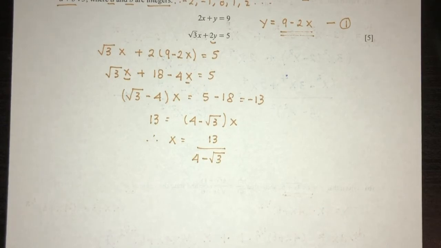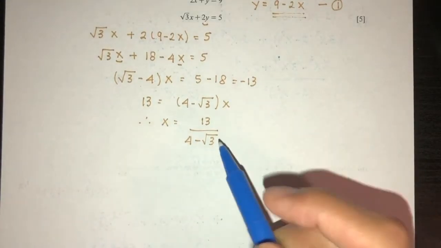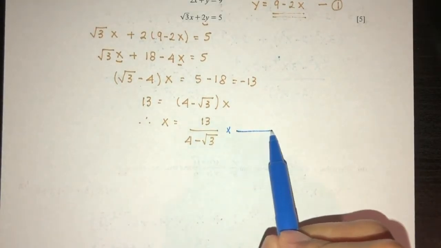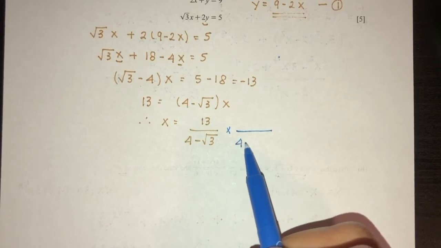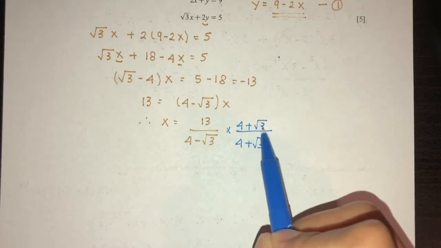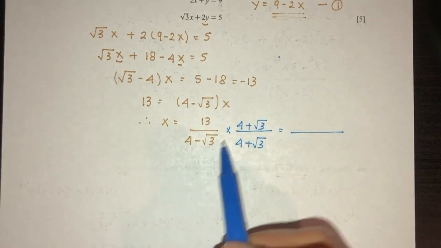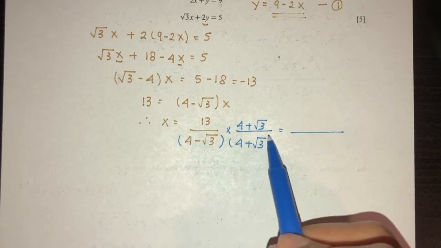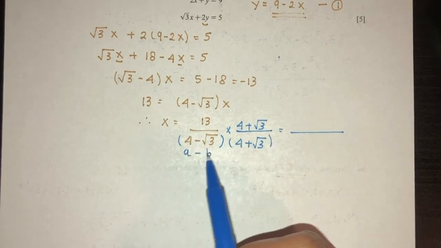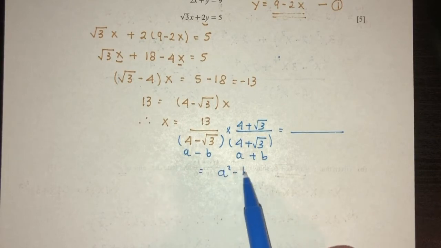Now, of course, this is the answer, but we want to express it in this form. So we have to simplify this. We have to multiply the base and the top by the conjugate of the base, which will be this one. The base looks like a minus b and a plus b, and that should give you a squared minus b squared.